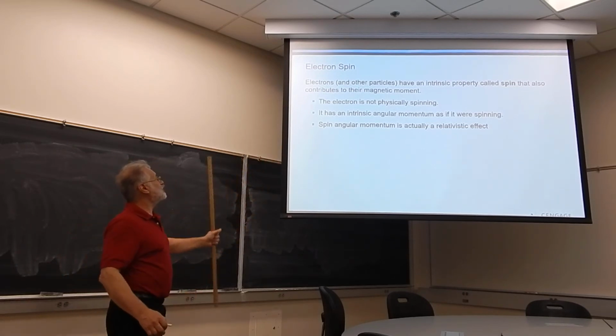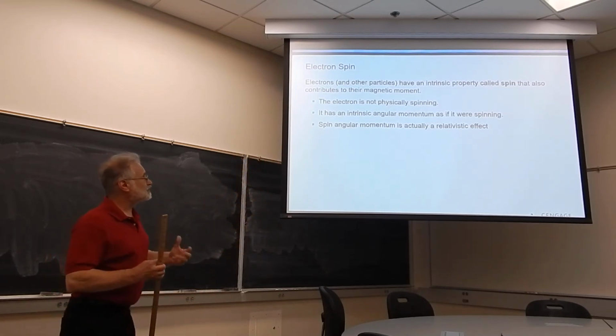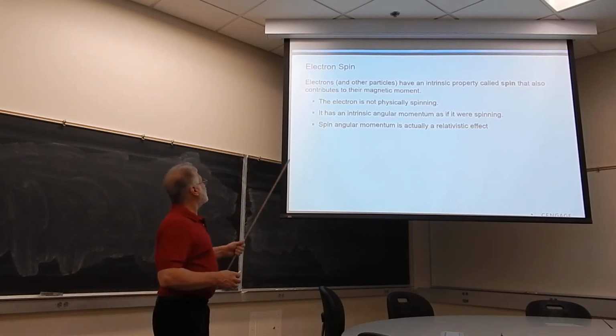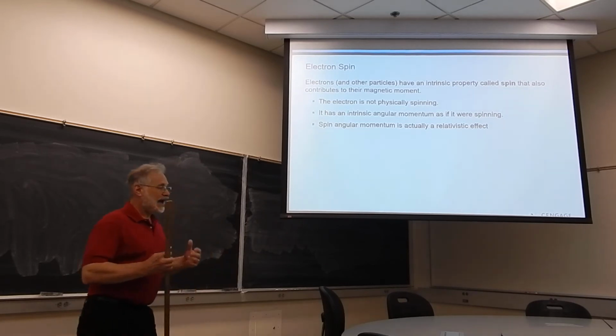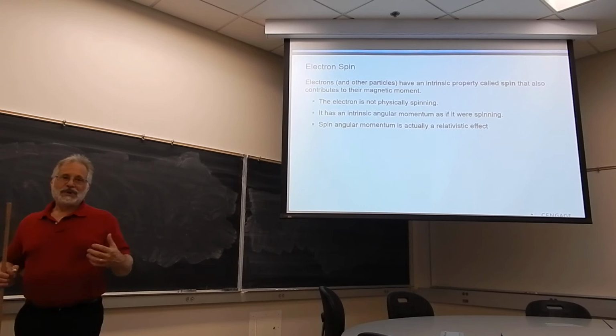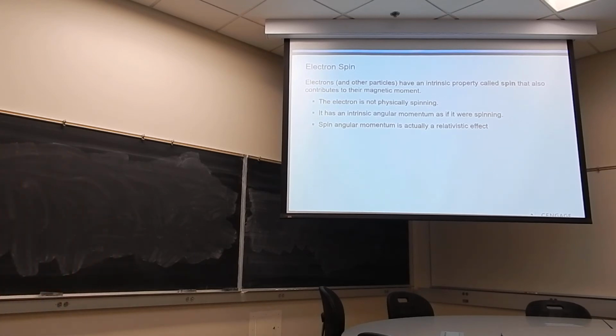Nonetheless, the term spin stuck. It is an intrinsic property, and it behaves as though it had its own intrinsic angular momentum. It can be better described using relativity, but we're not going to do that in this class.